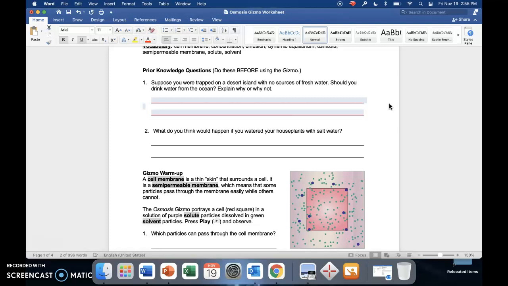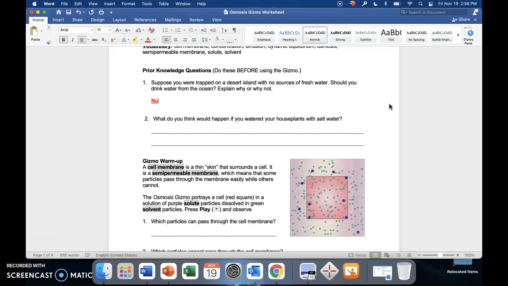Well, in a hypertonic solution, the cells will start pumping their water out. So do you want to drink water from the ocean? The answer is obviously no.